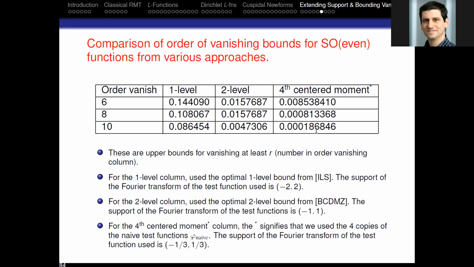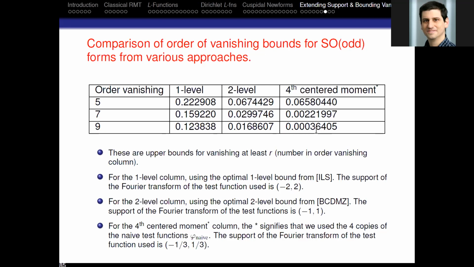If you go to the next slide, this is similar results for odd. For 5, the result is really not that much better. You're going from the 2-level bound of 0.067 to the 4-level bound of 0.0658. Again, a very small improvement. And that's typical of a lot of results in fields like this, that the initial papers have remarkable improvement, but then in the subsequent papers, you're just changing deeper decimals.